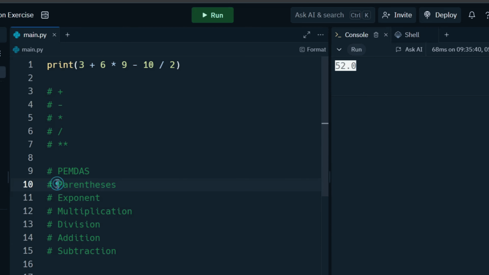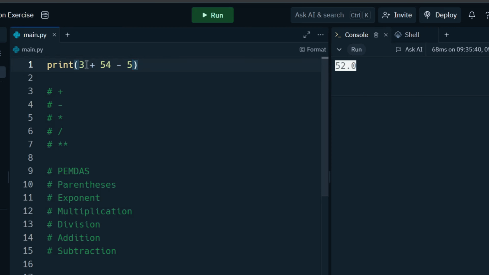So this means that first we are going to be doing parentheses, then exponents, then multiplication and division, then addition and subtraction. Meaning first, it's going to multiply 6 by 9, which is going to be 54. And then after that, divide 10 by 2, which will be 5.